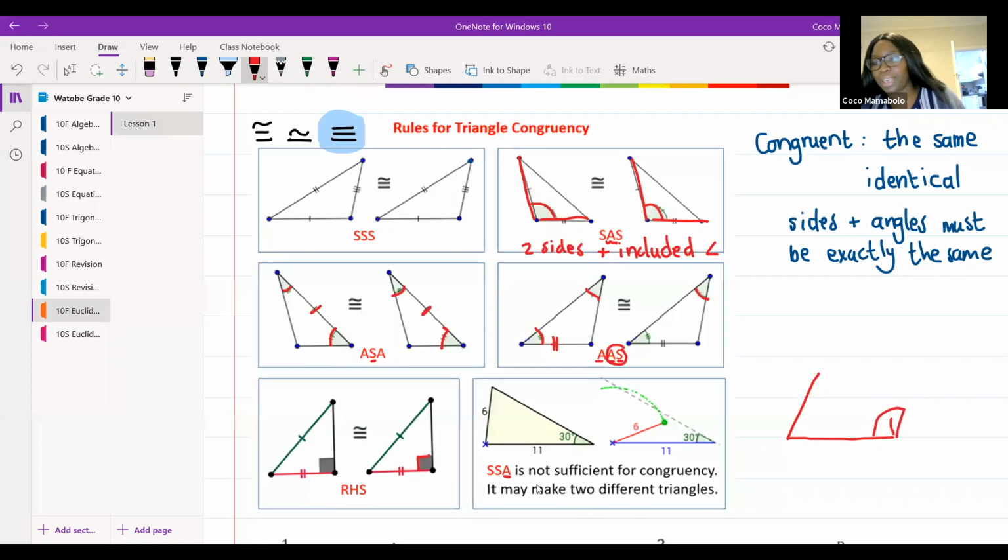It can be this big, and if I have another side over here and another side over here, if I choose to make this angle smaller, it doesn't make sense. So we cannot have side, side angle. Side, side angle doesn't work, because even if these two sides are equal to each other, we don't know what the size of this angle is going to be. Okay. So side, side angle is not included as part of congruency.